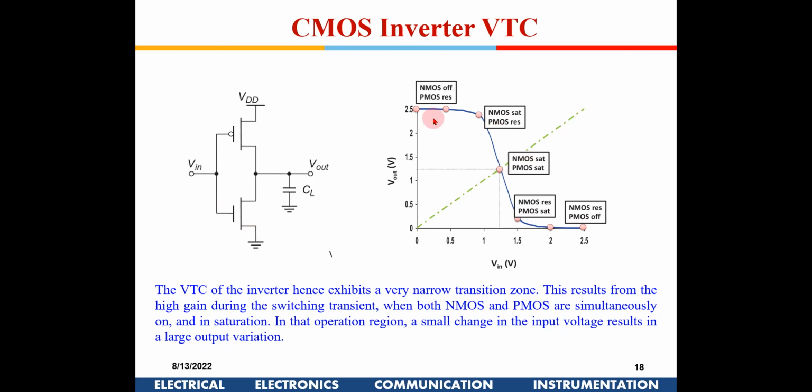As you keep increasing the input voltage, it will come to a state where this is able to pull more current than this, because simultaneously the overdrive voltage of the PMOS is being reduced and the overdrive voltage of the nMOS is being increased. So finally we will come to a state where this is not able to give any current, this is able to pull all the current, and hence the voltage drops and it goes to zero. Is it okay?